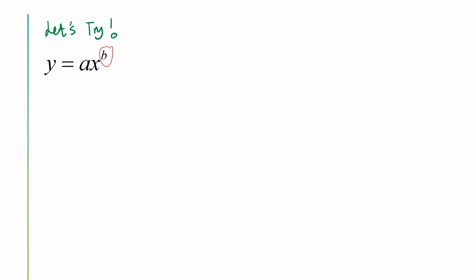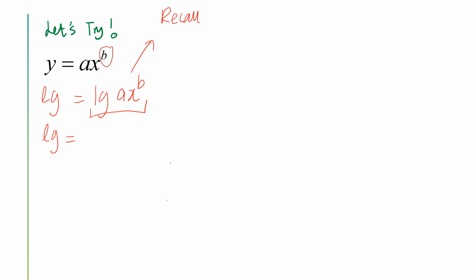Logarithmic functions are the only functions that allow us to bring the power to become the coefficient. So to apply the law, we would have to take common log, which is lg, or natural log, which is ln. All right, so if you take lg to both sides, recall, we learned this earlier on.